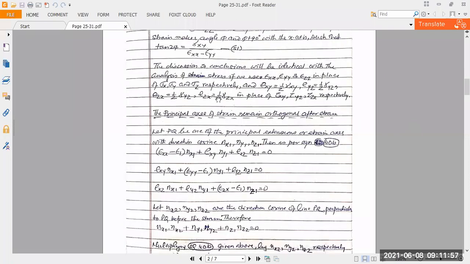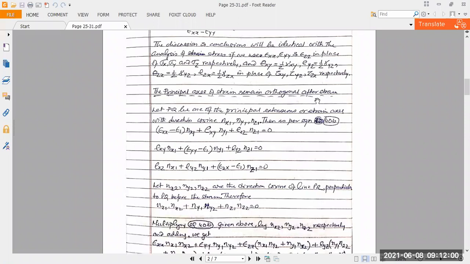The principal axis of strain remains orthogonal after the strain itself. Means the principal axes of strain remain at 90 degrees after the strain. What do we mean by that?